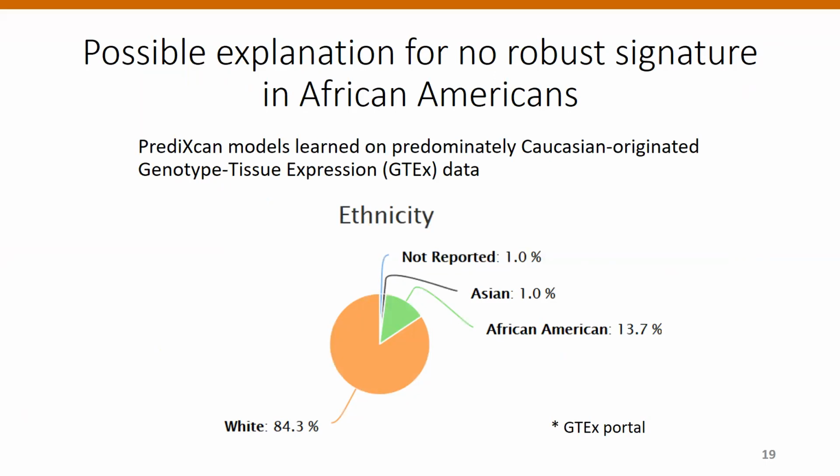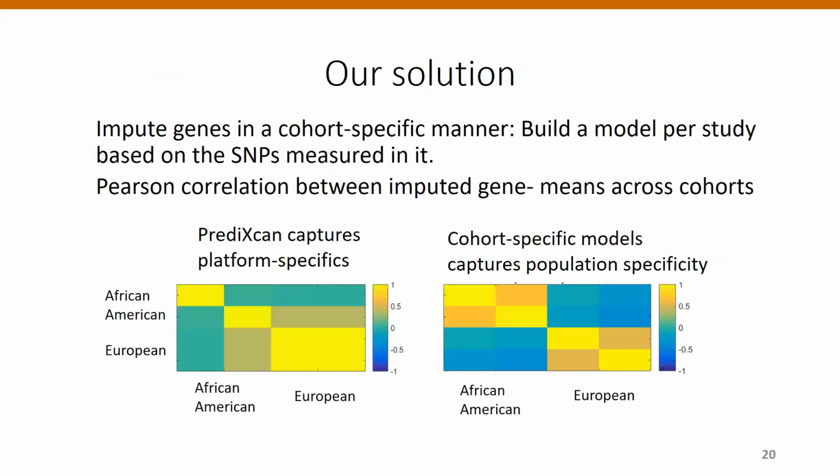So that could tell us that the bias is inherent within PrediXcan when it learned the weights, the regression models. So our solution was pretty straightforward and simple, and amazingly, it managed to correct for some of these biases.